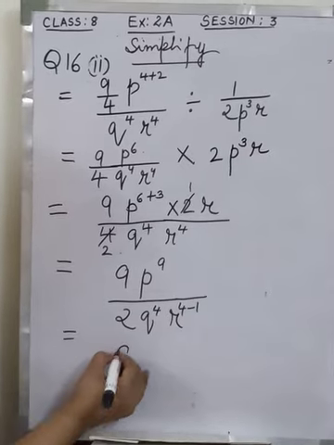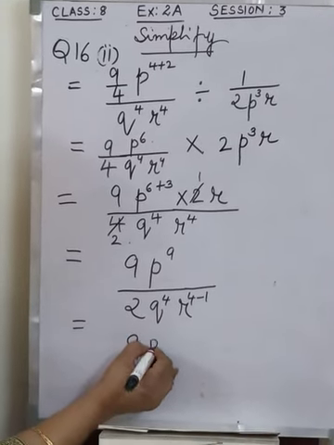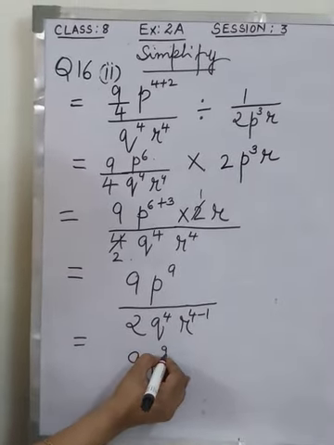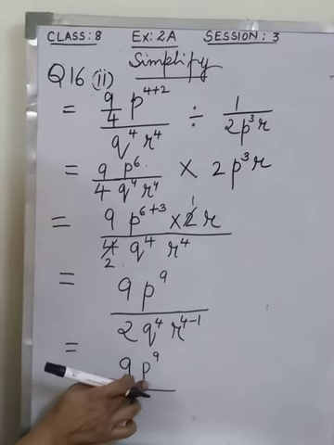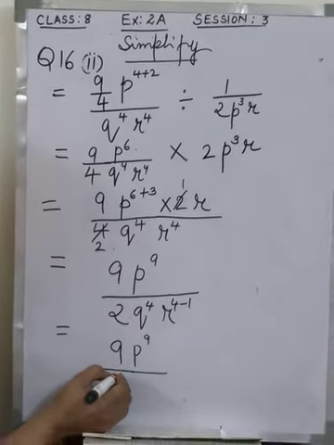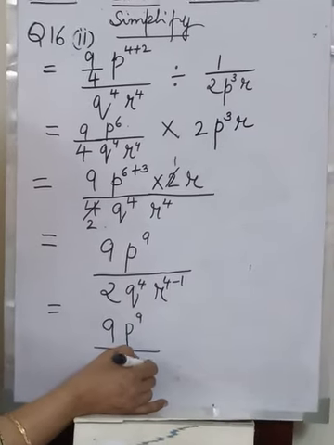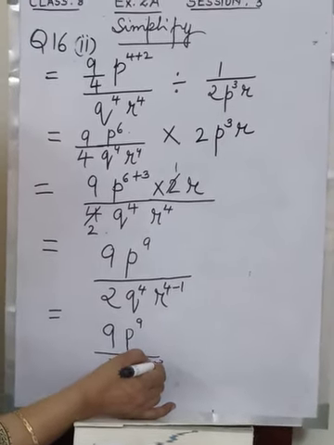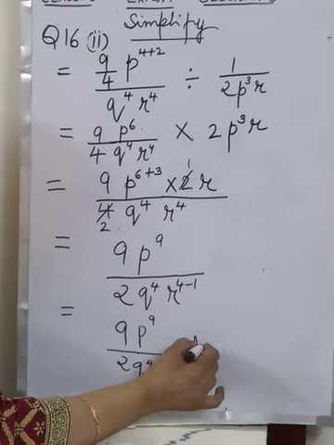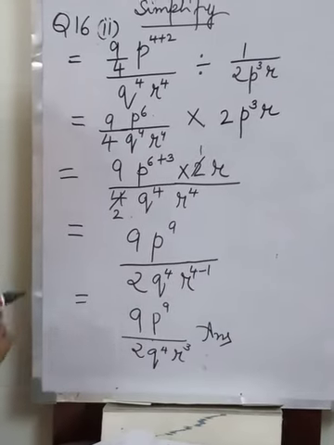So it becomes 9 p to the power 9 upon 2 q to the power 4 and r cubed. This is the answer for this question.